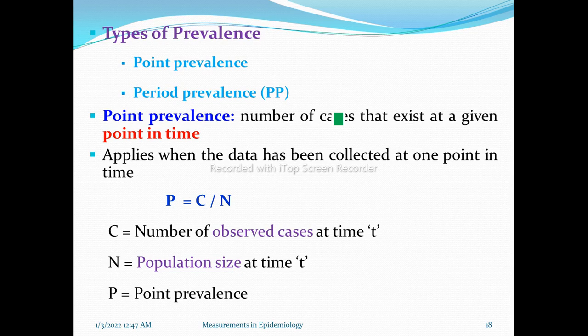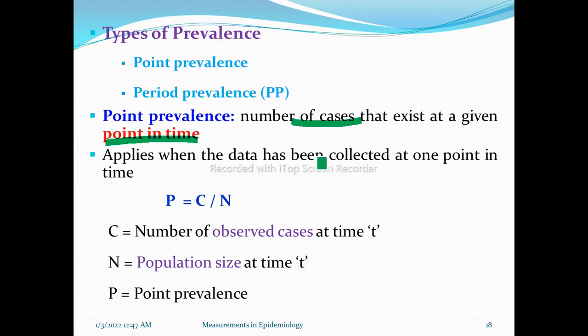Point prevalence includes both new and existing cases that exist at a given point in time, one specified time, one particular point of time. The number of new and existing cases at a point in time is called point prevalence.